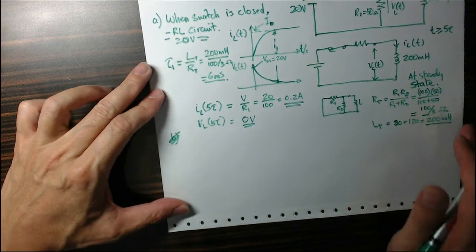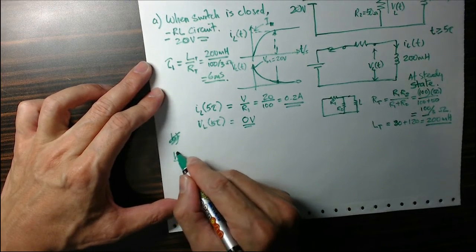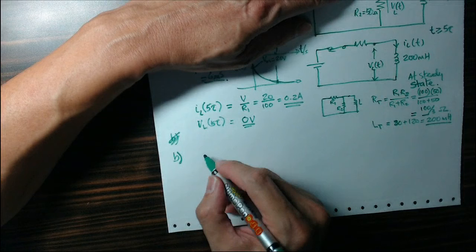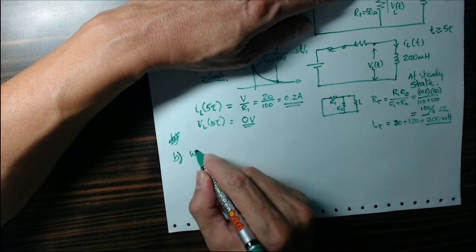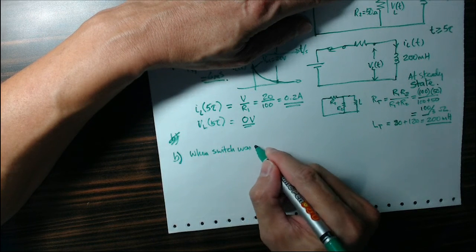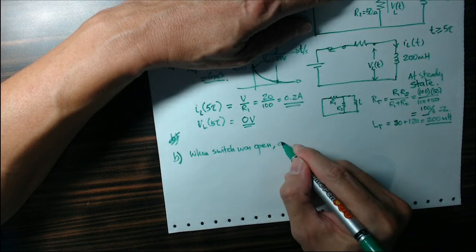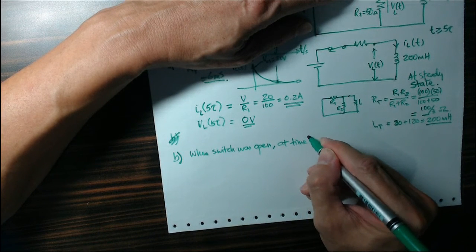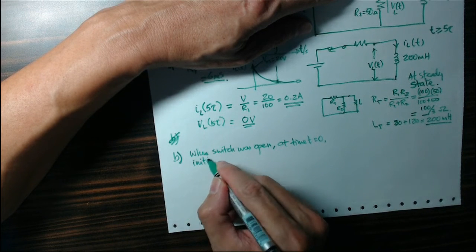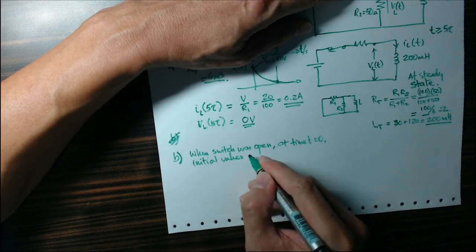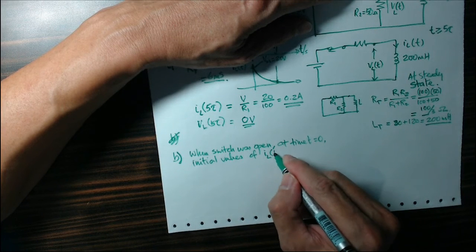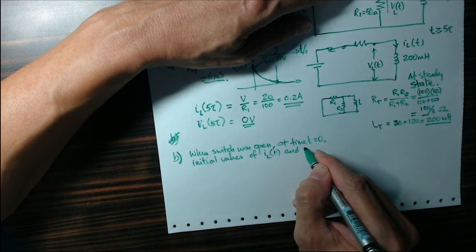Okay, and part B is when the switch is opened. When the switch is opened at time t equals 0, we say these are the initial values of IL and VL.